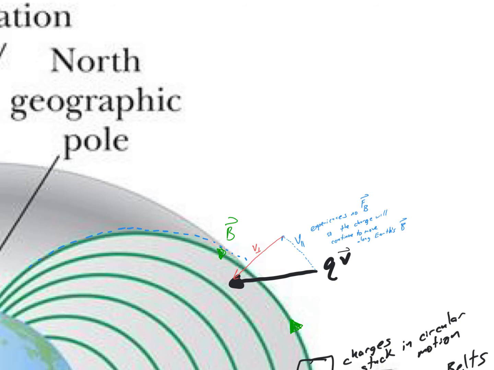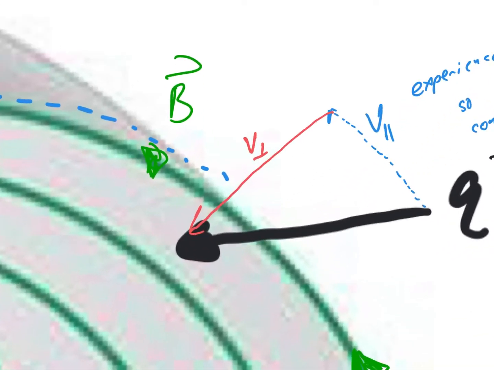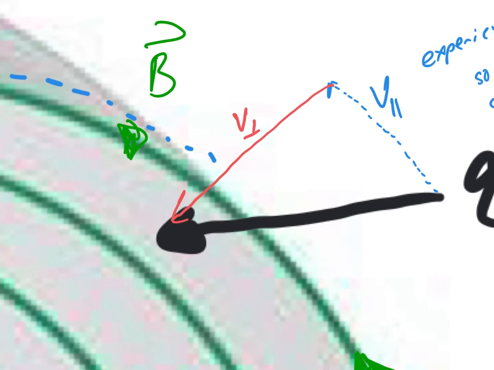But there's also the red component to consider. The red component here is completely perpendicular to the magnetic field. As such, there will be a magnetic force associated with that motion and that magnetic field.